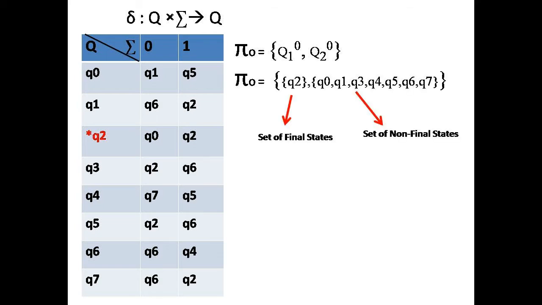Here pi 0 is equal to the set of final state {Q2} and the set of non-final states {Q0, Q1, Q3, Q4, Q5, Q6 and Q7}.